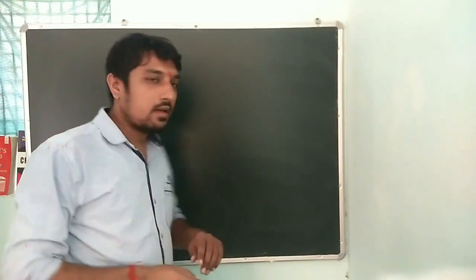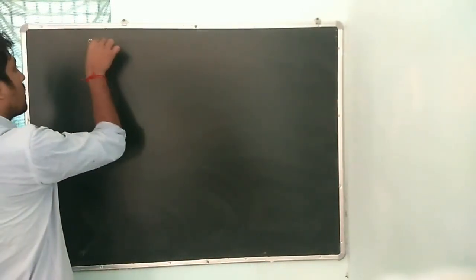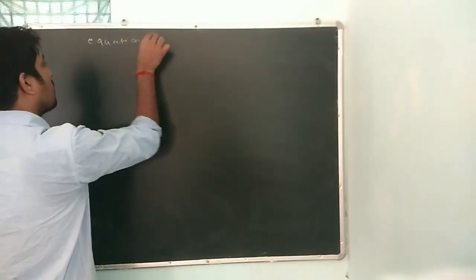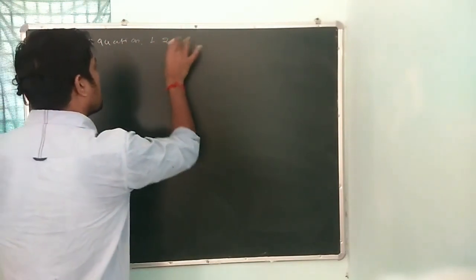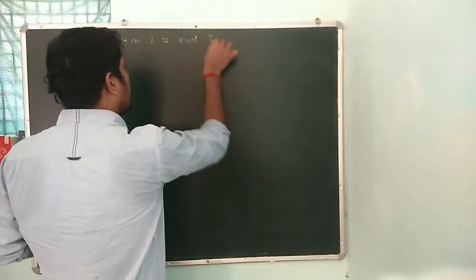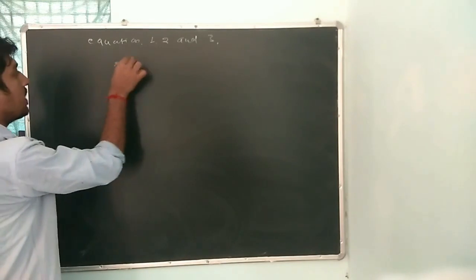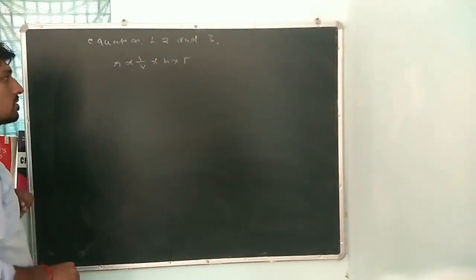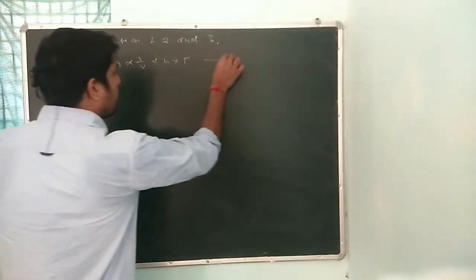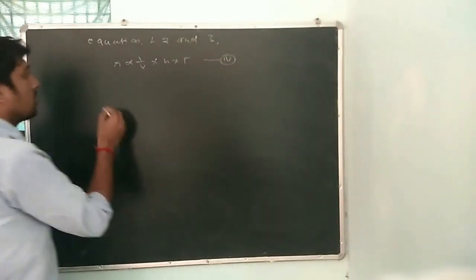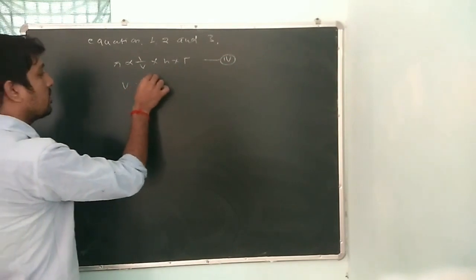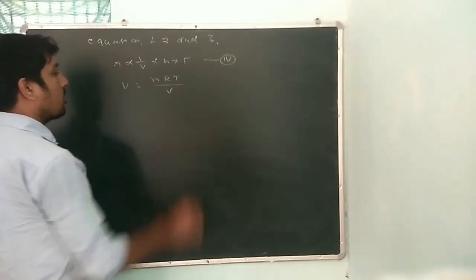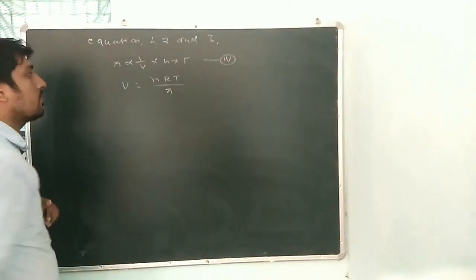Now we combine the first, second, and third equations, and we get this fourth equation. Now we also write this: nRT upon pi.